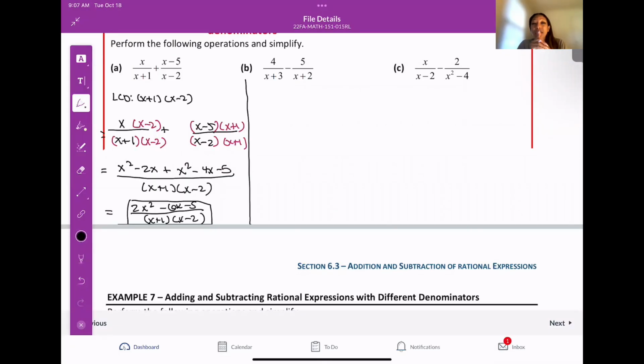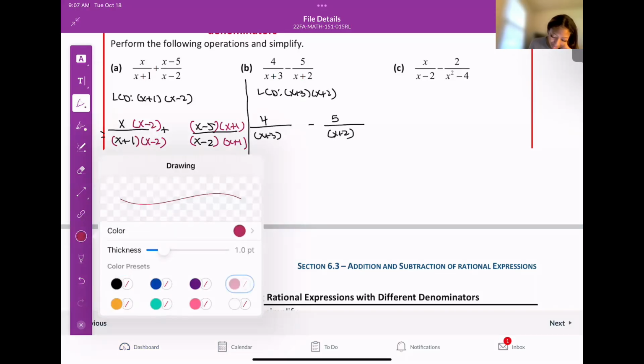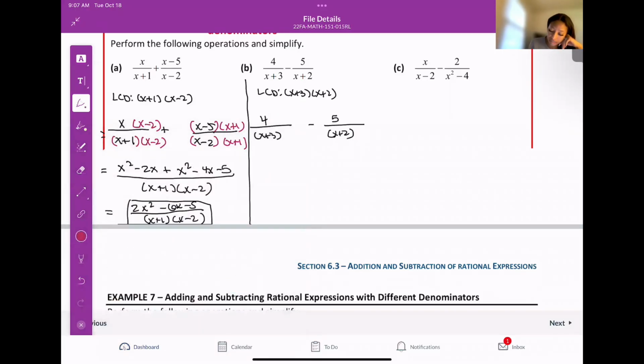All right, so example B is going to work out similarly, except now we're subtracting, so we want to be careful in the numerators. The LCD for example B, we have x plus 3 times x plus 2 as our denominators. So when we rewrite this problem, 4 over x plus 3 minus 5 over x plus 2, we'll have to multiply each fraction by the opposite denominator.